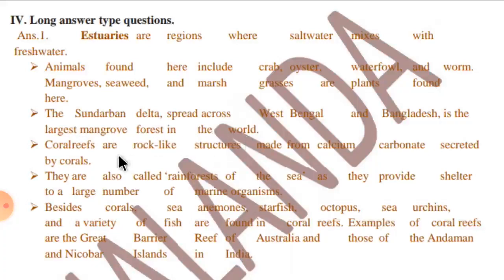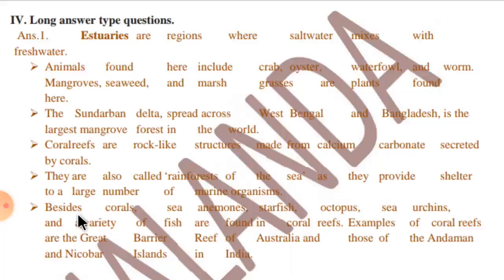Then, coral reefs are rock-like structures that are made from calcium carbonate secreted by corals. They are also called rainforests of the sea, as they provide shelter to a large number of marine organisms.